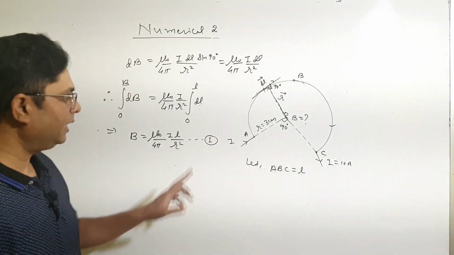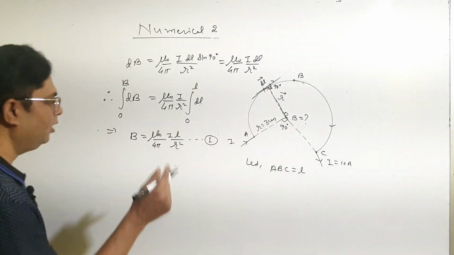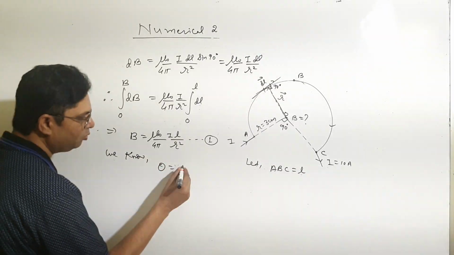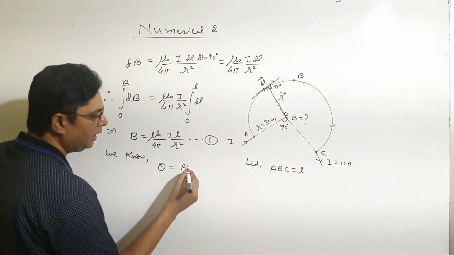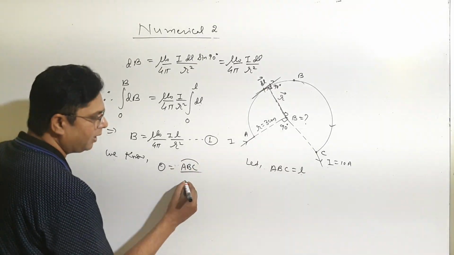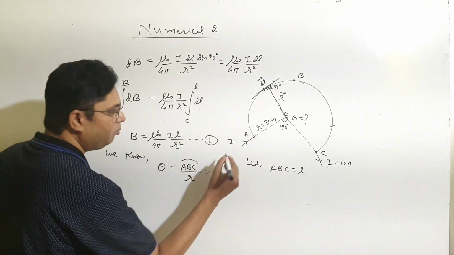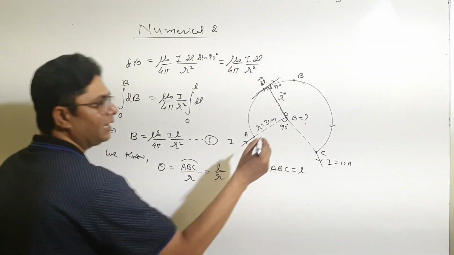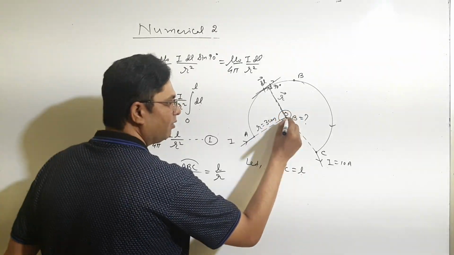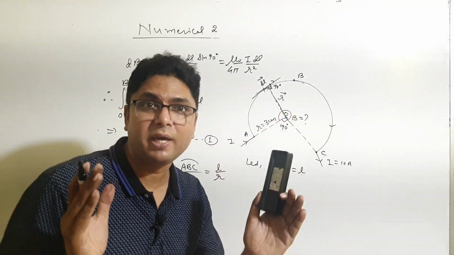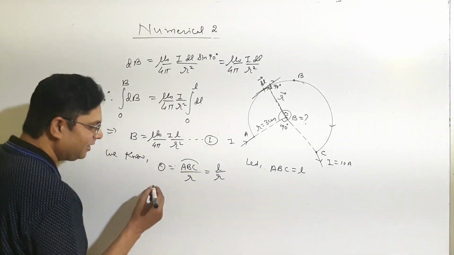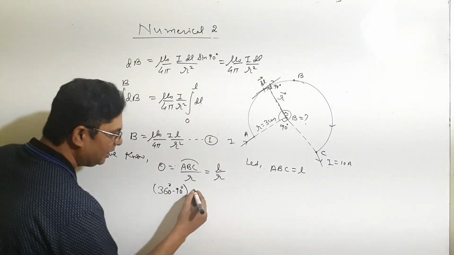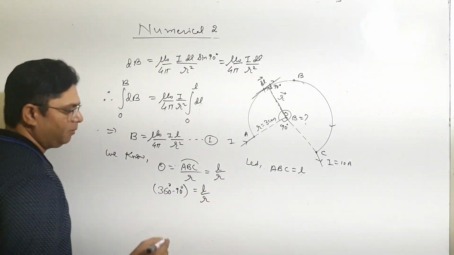Now we require the length L. To calculate L, we know theta is equal to the ABC arc length divided by radius r, that is L upon r. Now what is this angle theta? This is the angle theta here. It is 360 minus 90 degree, which is equal to L upon r.